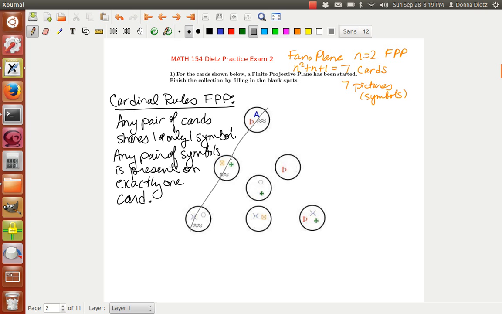So any pair of cards, so this pair of cards, let me just draw it this way. This pair of cards contains a symbol in common. This pair of cards contains a symbol in common. And this pair of cards contains a symbol in common, right? But because they're all kind of in the same family, the thing that connects all 3 of these cards is the self-same symbol. And so that's why we say they're on a line together.